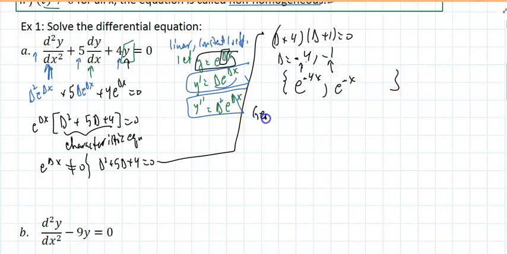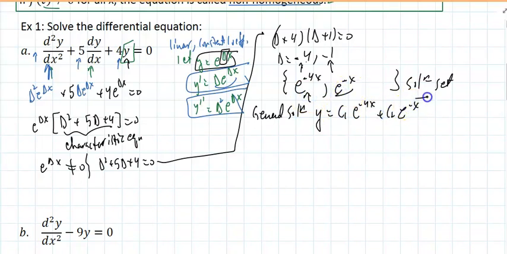And I'll say the general solution, this is the solution set, which means any multiple of those: y will equal some c1 e to the negative 4x plus some c2 e to the negative x. Those would be a solution. First, the second, or any combination will do.